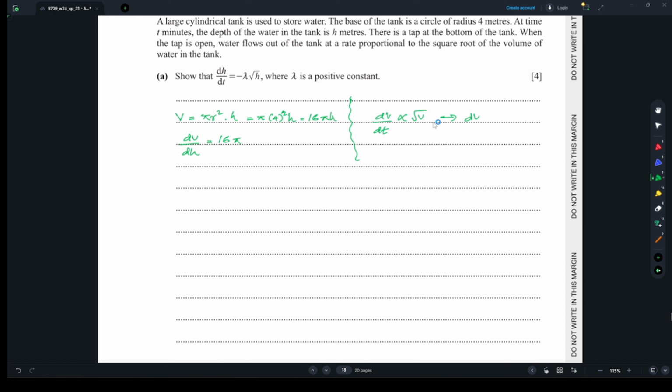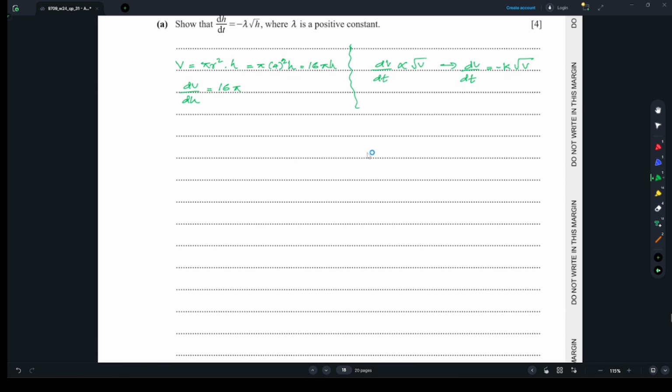So since the volume decreases with time, I can use a negative constant. So we have this one, dv over dt.